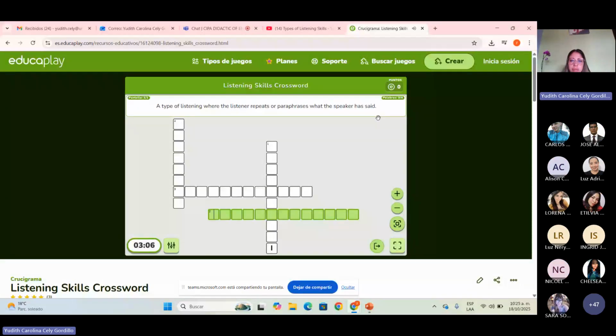Okay, can you see my screen? Yes, I can see it. The second is comprehensive. Comprehension. This is where the listener repeats and paraphrases what the speaker has said.